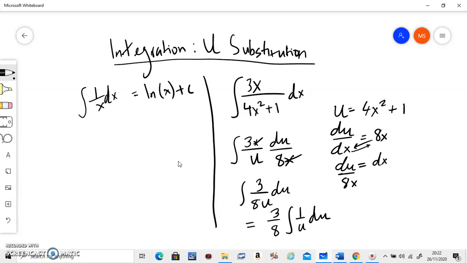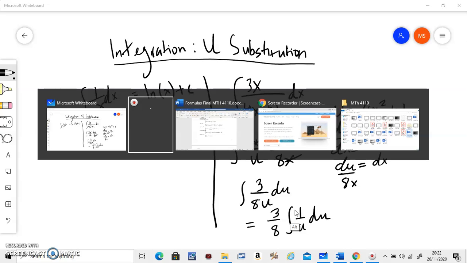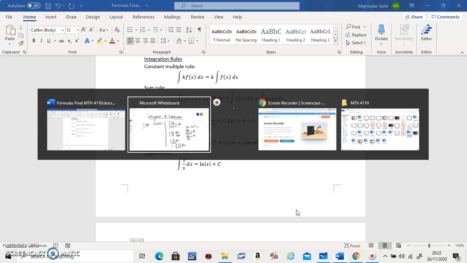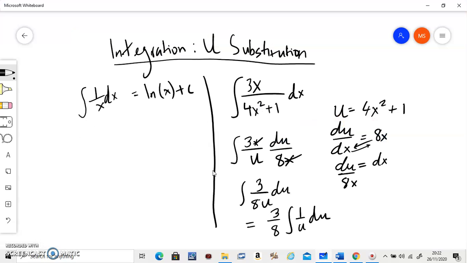Now this bit over here is of the form 1 over x dx. The only difference is the variable is u. So the answer becomes 3 over 8. If it was 1 over x, the answer was ln x. If it's 1 over u, the answer should be ln u. And in the final step, you replace the u with whatever you had replaced it with in the beginning.